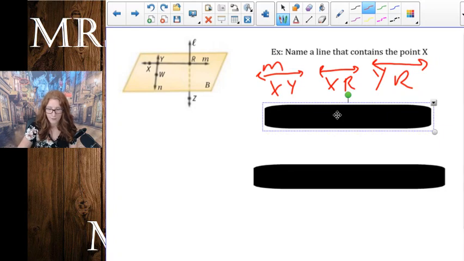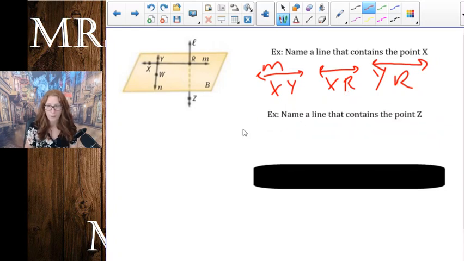All right, let's take a look at this next question. We are going to name the line that contains point Z. So point Z is down here, and I can see it's the line that goes through that plane. Now, this one, because I only have 2 coordinate points, can only be named 2 different ways.